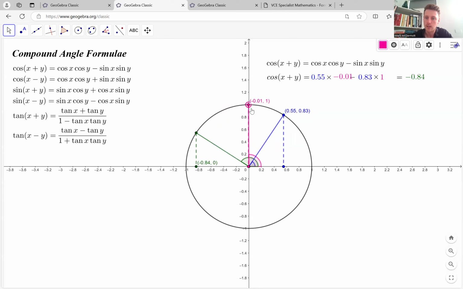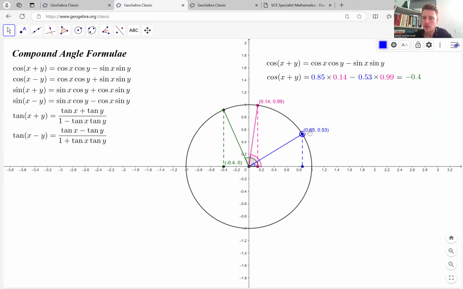And my formatting gets a little bit wacky, but you get the idea, hopefully. So that is a demonstration of the compound angle formula. And obviously that's not a proof, that's just demonstrating that it's true. But as I said, check out the link below to see a proof of that.